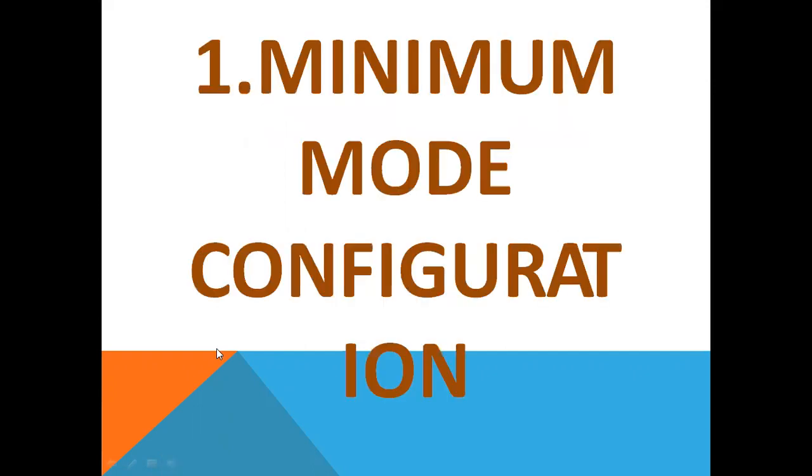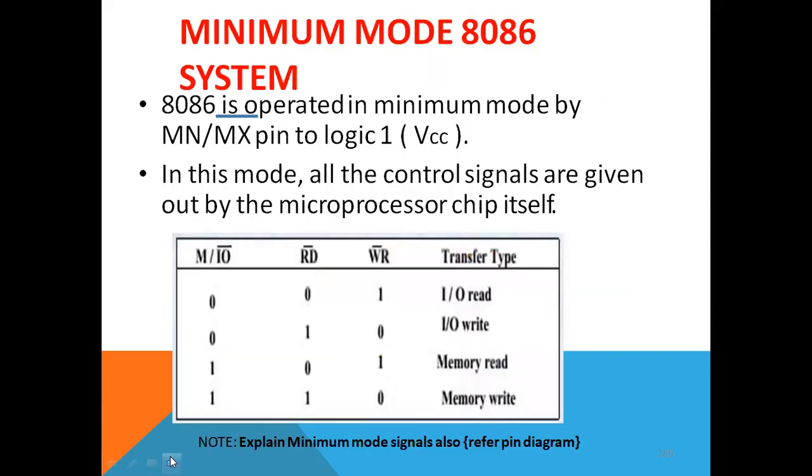Today's topic is minimum mode configuration in the 8086 microprocessor. The 8086 can operate in two different modes: minimum mode and maximum mode.